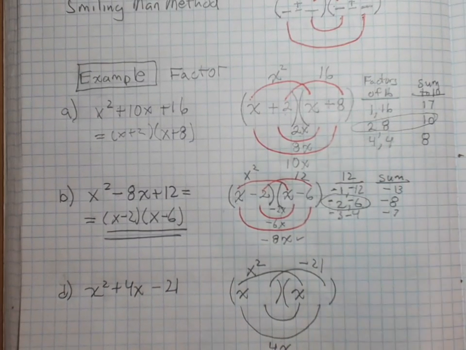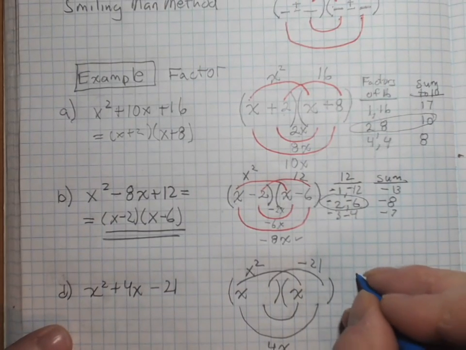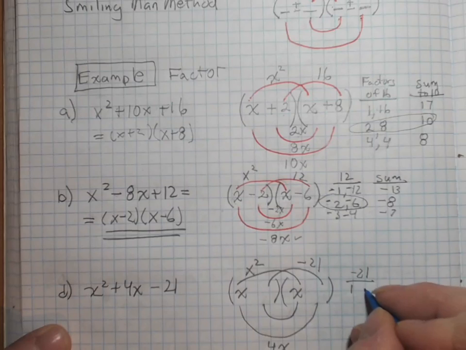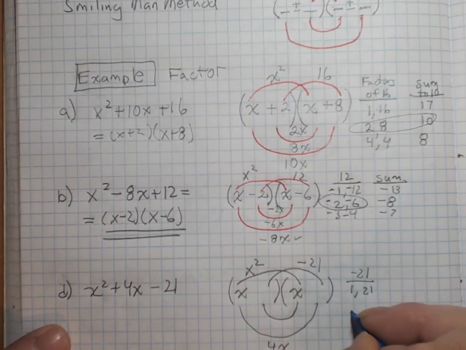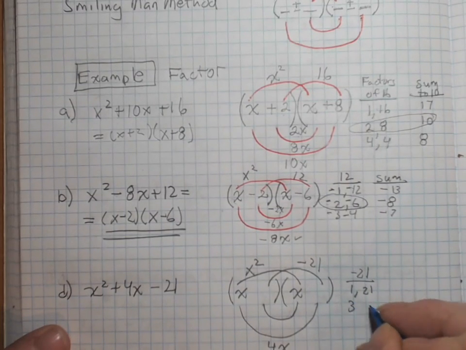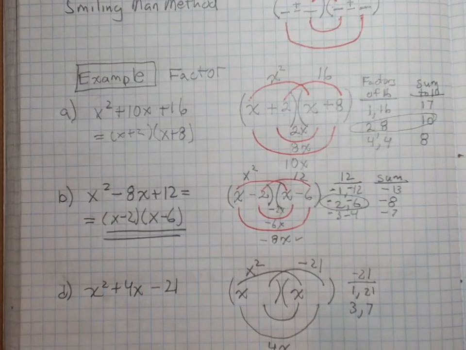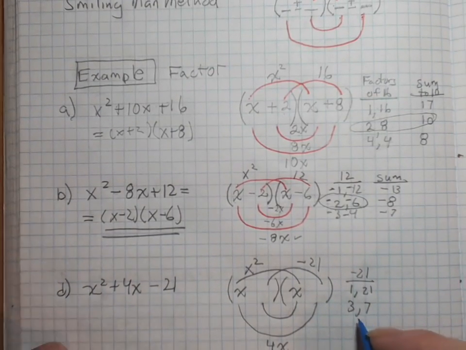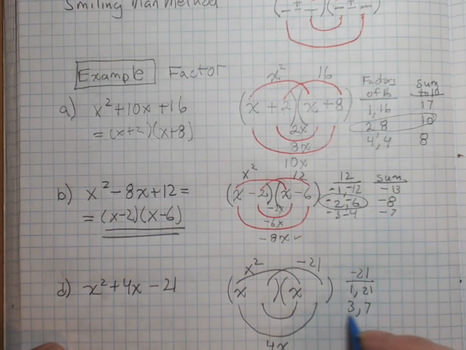All right, so let's take a look at negative 21 and get factors of negative 21. First I just think of a list. 1 times 21, 2 doesn't do it, 3 times 7, and that's pretty much it. Now to get a negative 21, I will need to have one number negative when I multiply.